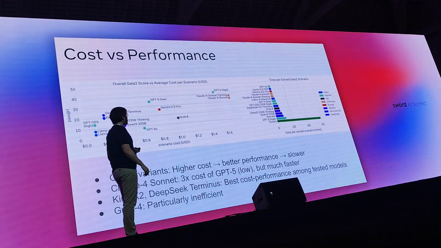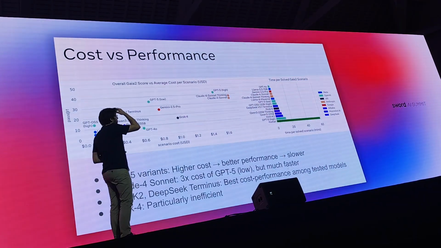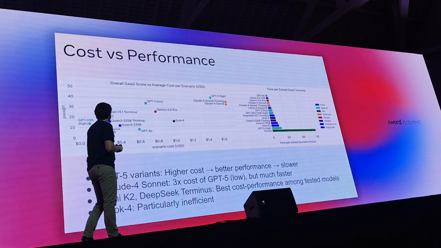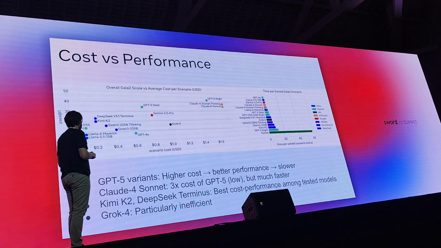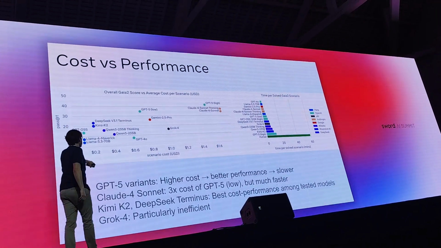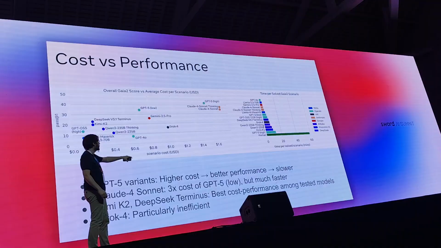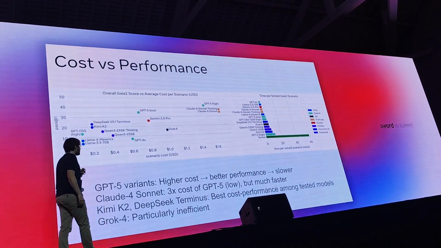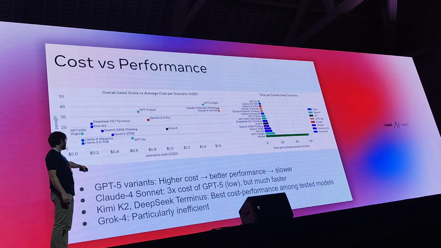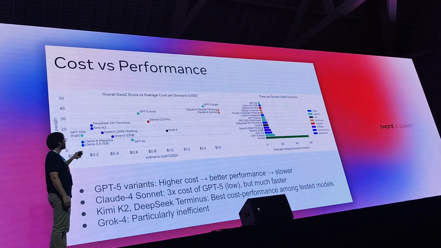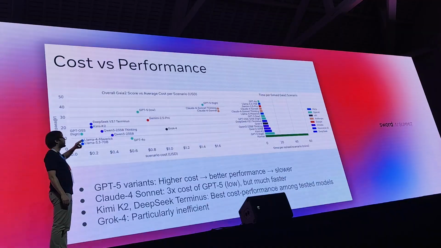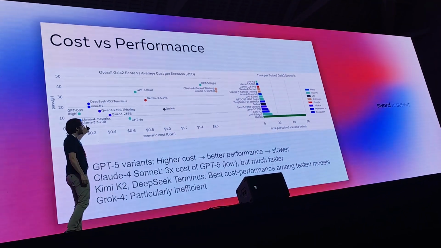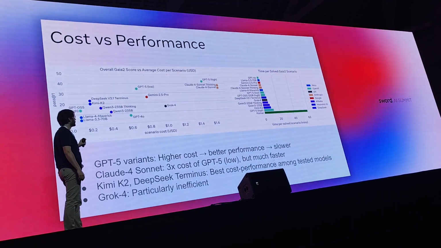Okay, but if we take into account the cost, the picture is much less clear. You see that for the GPT variants, higher cost leads to better performance, yes, but it's also much slower. And remarkably, for Claude 4 Sonnet, we saw that it outputs far fewer tokens, so we could expect it to work well in this comparison also, but it's not the case.